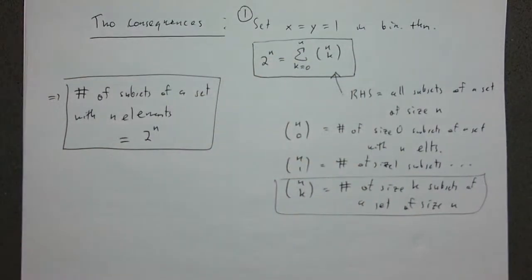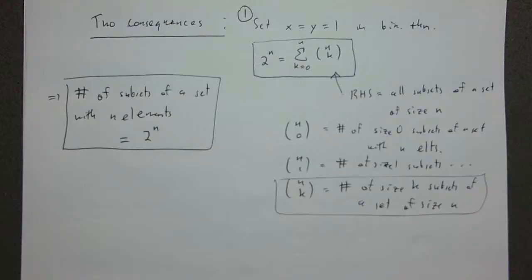This is probably the easiest way to compute this fact. This gives us the cardinality of these finite power sets, is what they're called. That is, you start with a set and then you consider the set of all subsets of that set. That's the power set of that set. So the set of all subsets of a set of size n has cardinality 2 to the n.